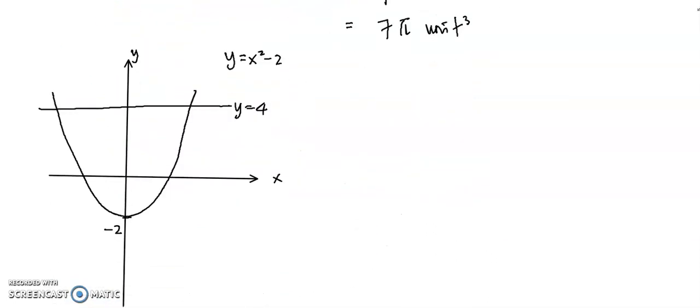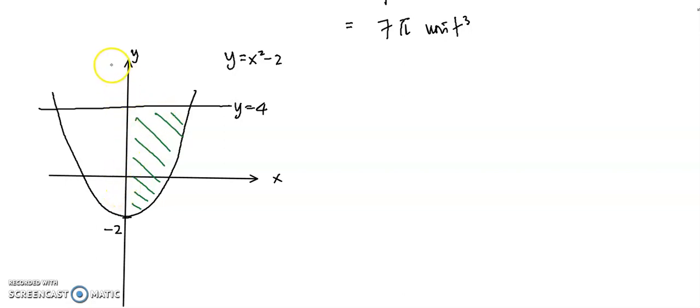Just shade the region that you want. That will be the region. For this question, you can shade either this side or the left-hand side. It's okay because this graph is symmetric about the y-axis.